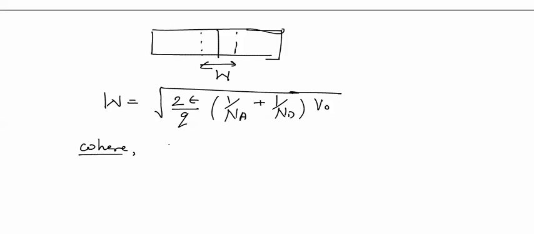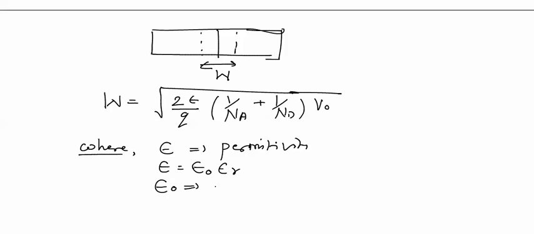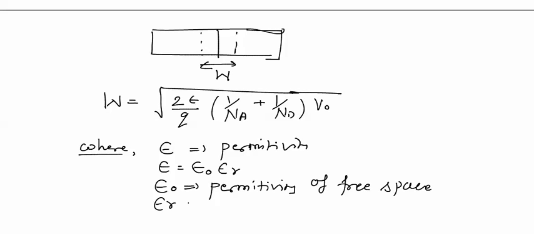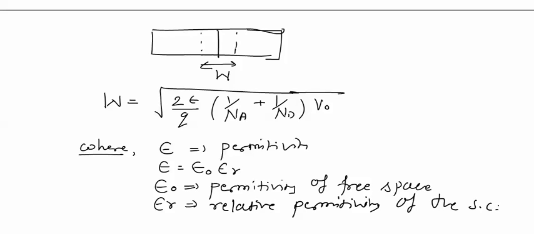where epsilon is called permittivity and epsilon is written as epsilon naught into epsilon r. Epsilon naught is the permittivity of free space, and epsilon r is the relative permittivity of the semiconductor.